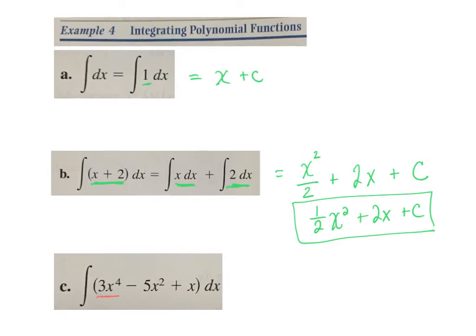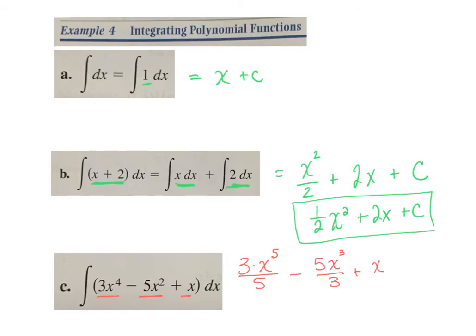Okay. Now let's look at the third one. We have 3x to the fourth minus 5x squared plus x. You could break it up into three integrals if you want to, or you can just take the integration individually. So look at 3x to the fourth. It's going to be 3 times x to what power? Add 1, right? To the fifth, divided by 5. Minus 5x to the what power? 3 divided by 3.